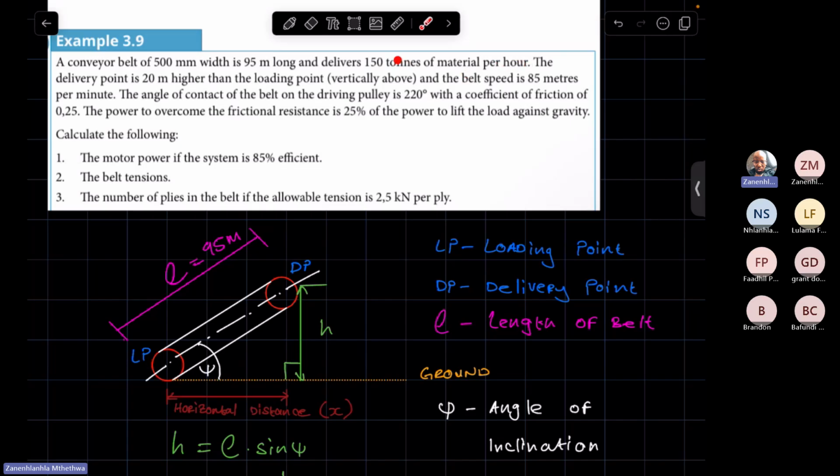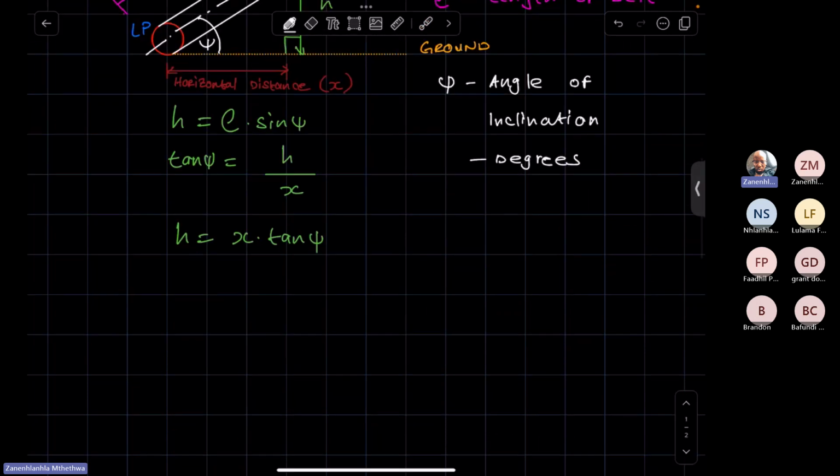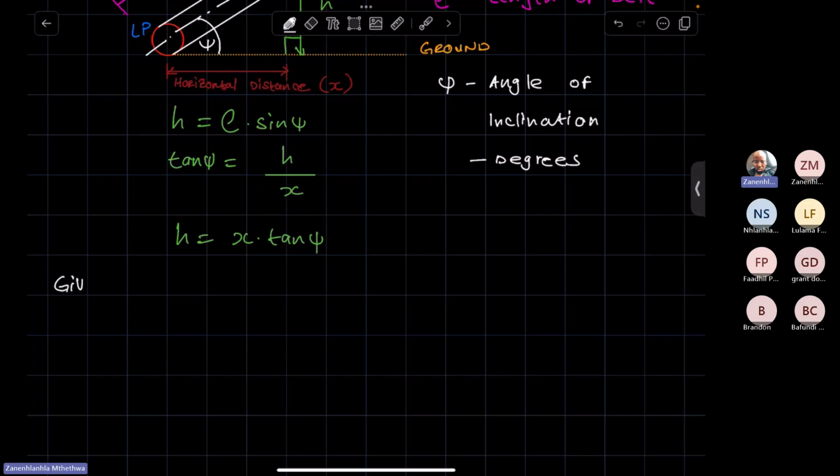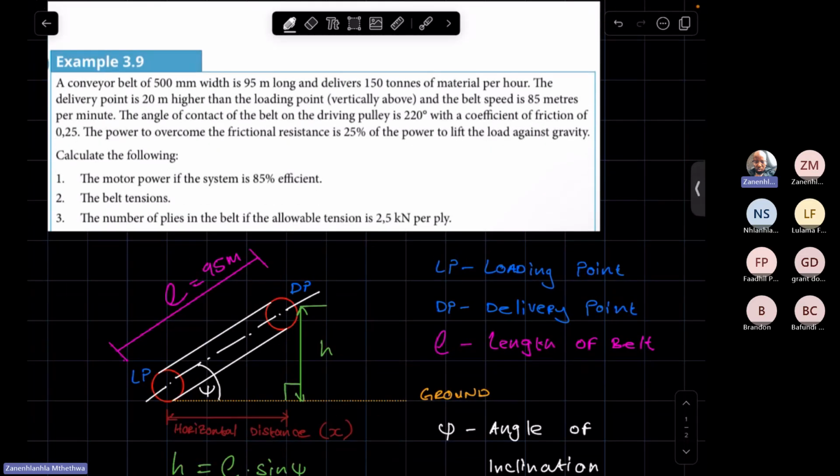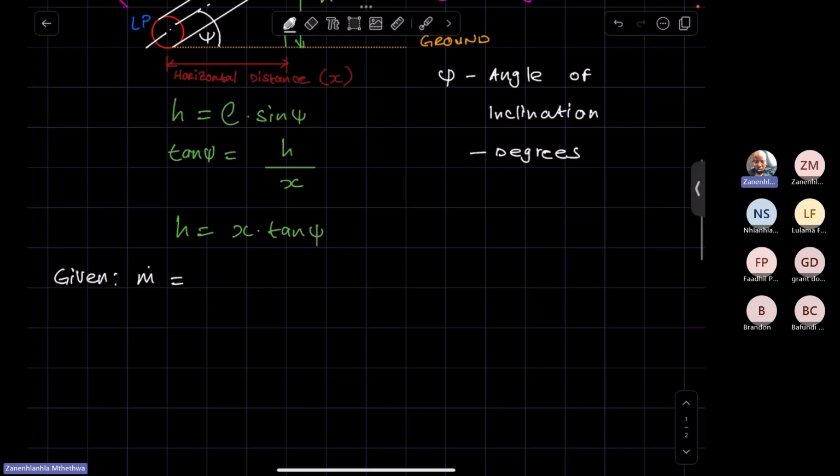The tons stand for the mass, so the mass of the material being delivered is in terms of tons per hour. Now that is the mass flow rate. So essentially they've given us the mass flow rate, denoted as m dot. The mass flow rate here is 150 tons per hour.